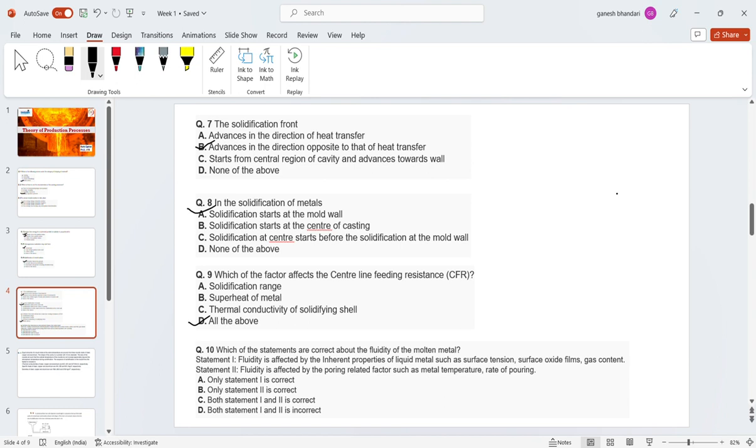I'm asking how surface oxide film can affect the fluidity of your molten metal. Basically, if I'm talking about tin again, suppose at your surface tin oxide is present. Tin oxide will have a higher melting point compared to tin, because oxides are generally more stable than the particular elements.